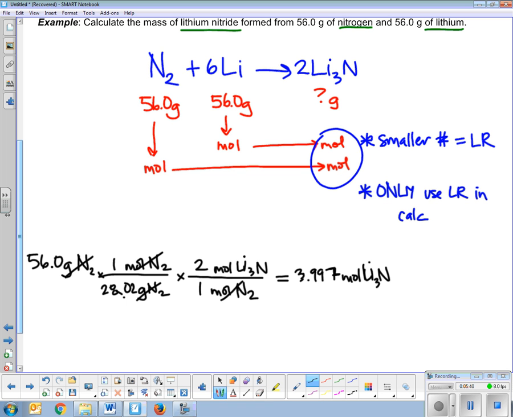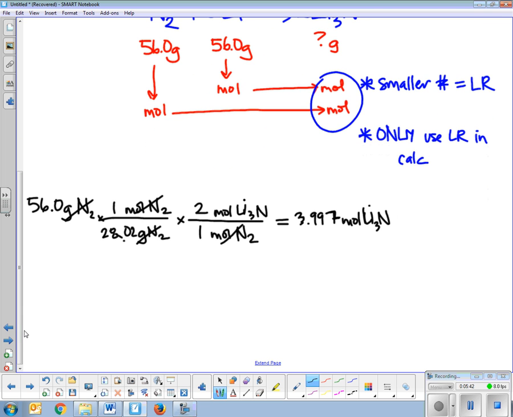Okay. So let's do the same with the 56.0 grams of lithium. All right, grams of lithium to moles, just like above. Lithium, however, is 6.94. Okay, and then we can get rid of moles of lithium.